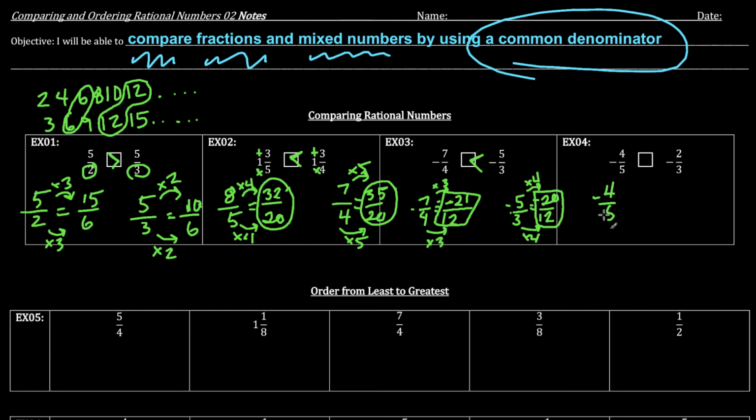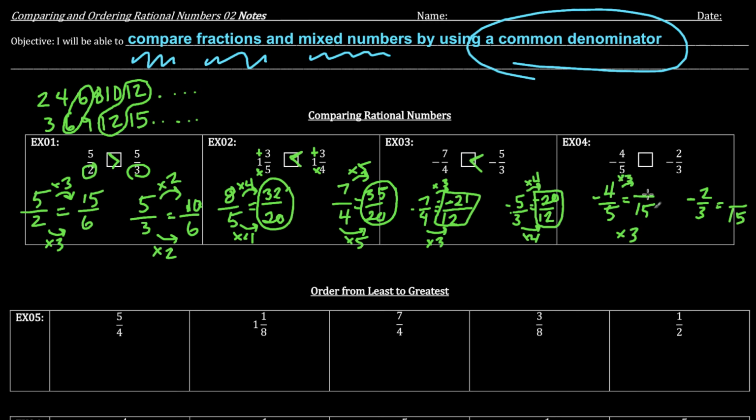Do it one more time. Negative 4/5, negative 2/3. Let's just multiply it. 5 times 3 is 15, so 15 will work. So 5 multiplied by 3 is 15.